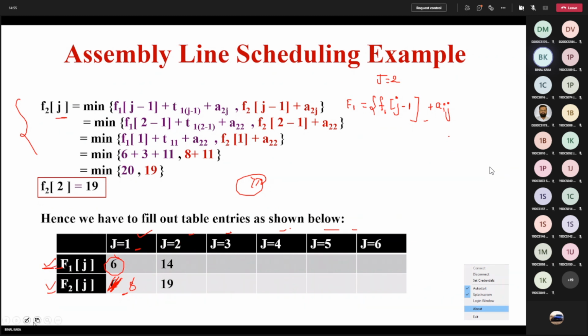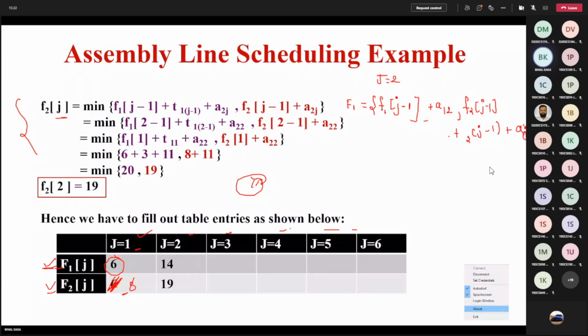I can write over here a of 1 2, comma f2 of j minus 1 plus a of 2 j, right?